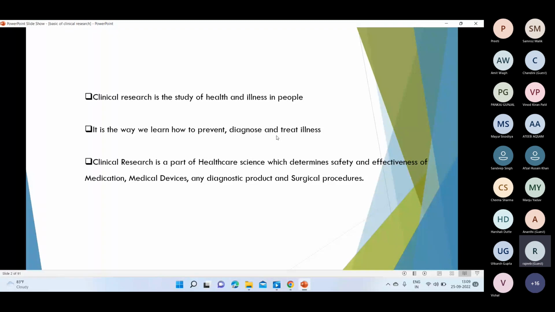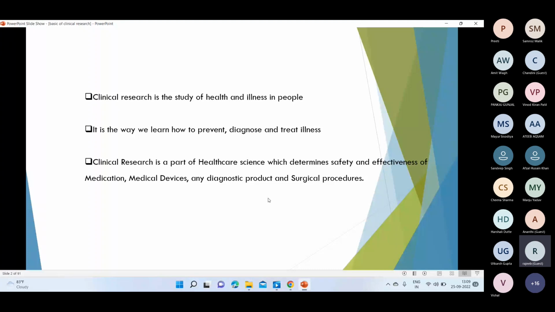So clinical research in particular is the study of health and illness in people. Okay, so it's a way of research to learn how to prevent, diagnose, and treat illness. Now clinical research is a part of healthcare science.